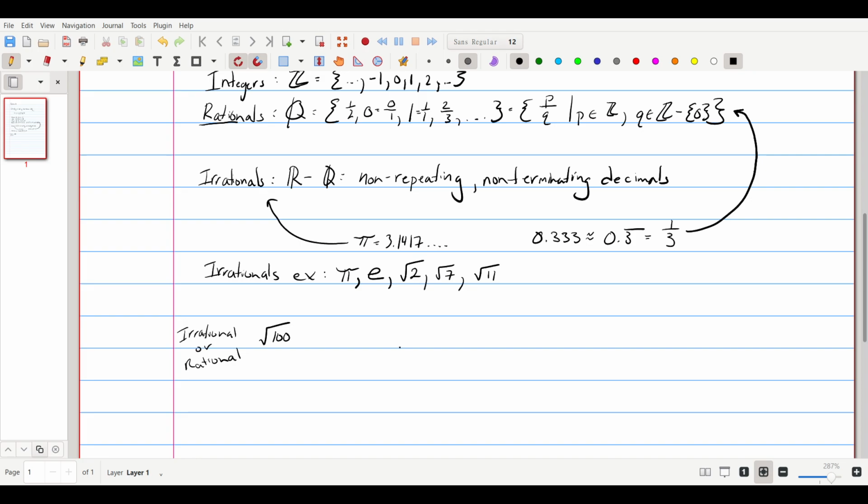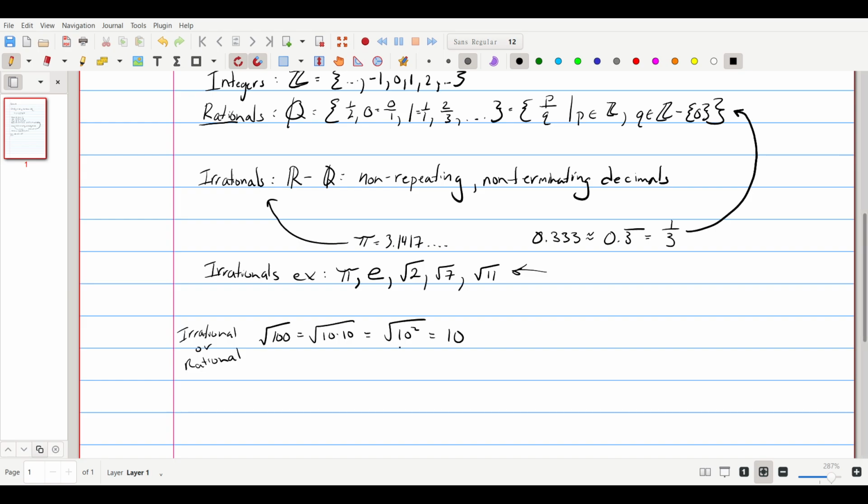And so when I write the number this way, you may think, okay, it kind of has the same form as the square roots over here. But because the square root of 100 is a perfect square, we can write this as the square root of 10 times 10, which is equal to the square root of 10 squared. And since square roots and squares undo each other, this is just equal to 10.